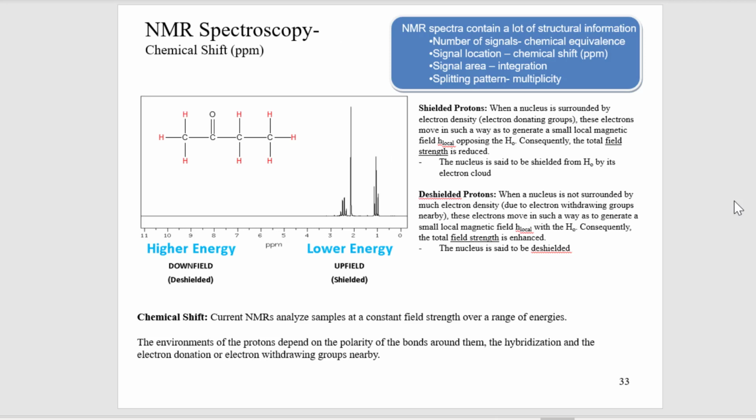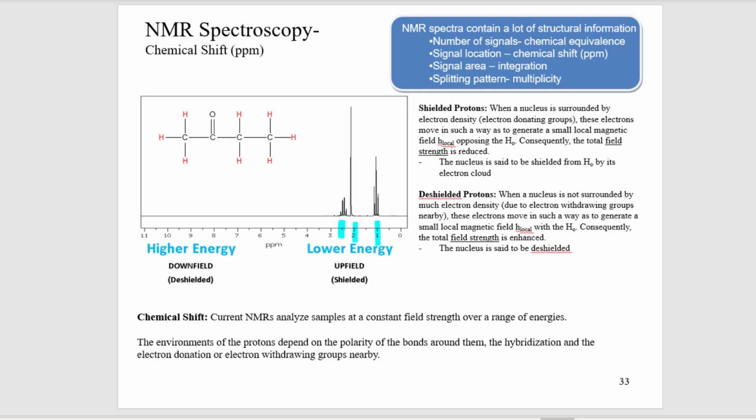Next, we want to talk about signal location or chemical shift. As I said before, why does one signal come at 1 ppm and another at just above 2 ppm and a third around 2.5 ppm? Why do they have a different signal at different frequency? Well, I just want to define some areas or regions of our spectrum.